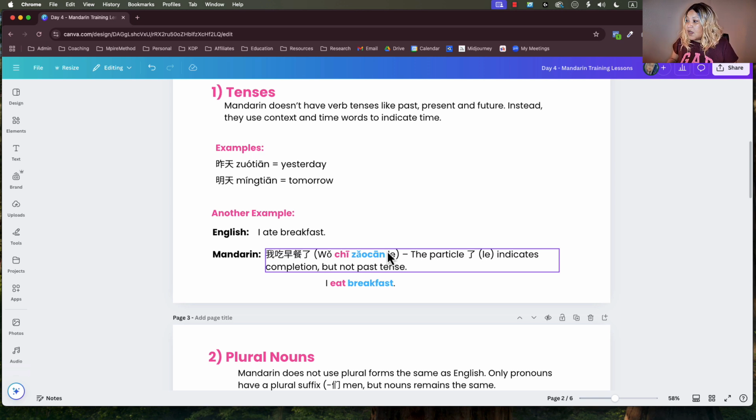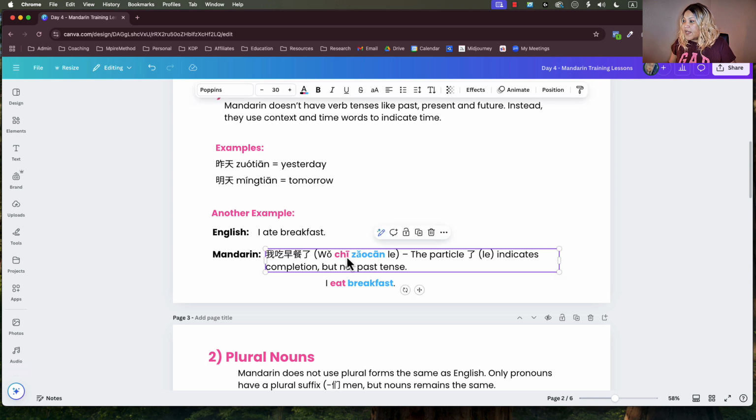So even if they're saying wo chi zaocan le, or if they just say wo chi zaocan, leaving it alone, it's just saying I eat breakfast. Le is saying it's done already. I eat breakfast and it's gone. That's how I can think about it. So I know when I see this le followed by an action, like I eat breakfast, this is a new word. We already had chi as a vocabulary word.